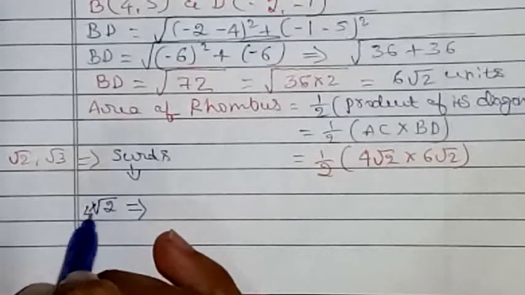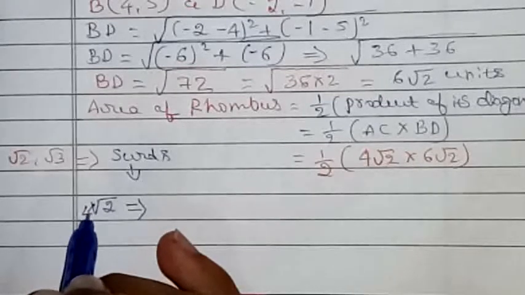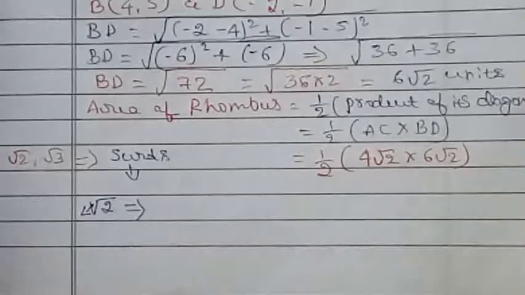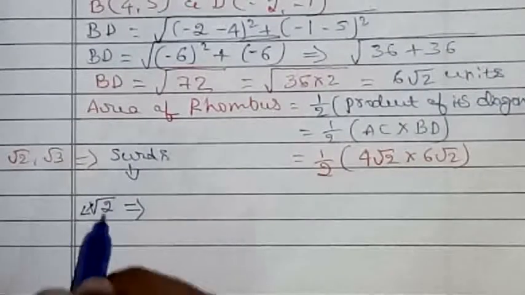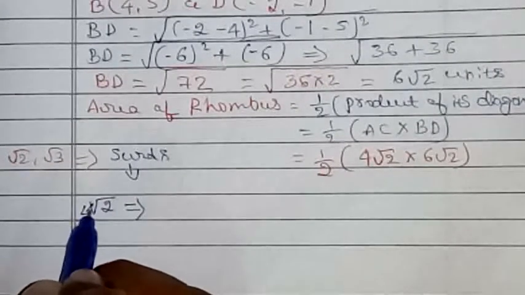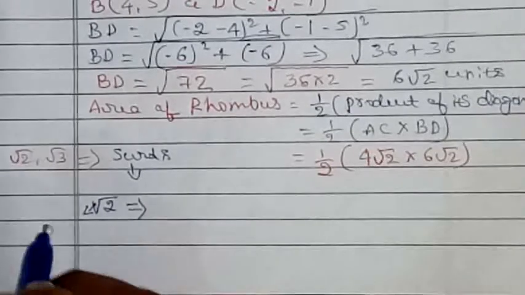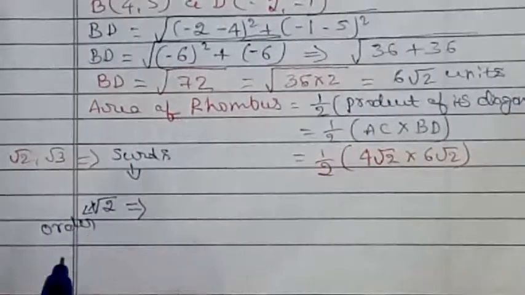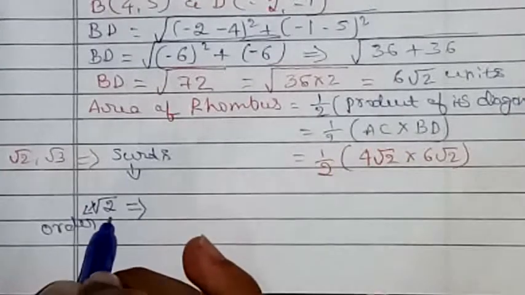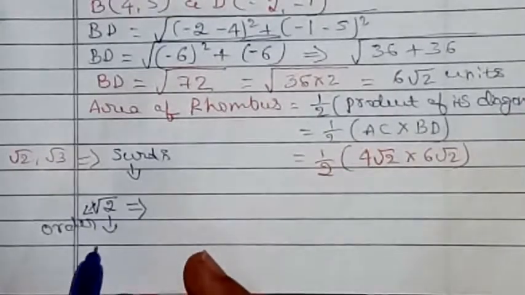Whatever comes in this place, I am saying this number as square root of 2, so it starts from 2. Whatever comes in this place is called the order, and whatever comes here is called the radicand, children.